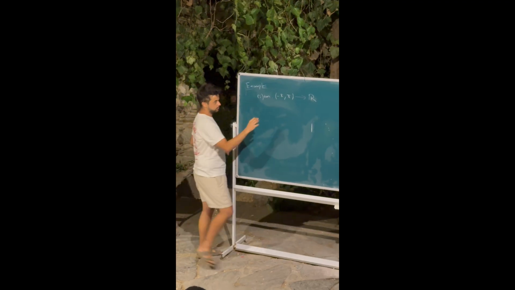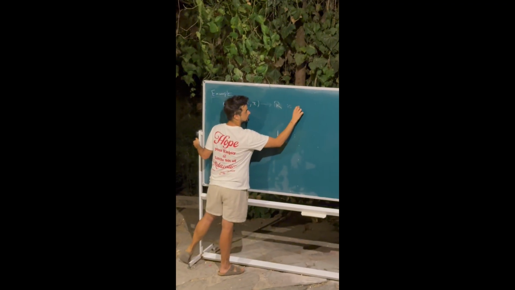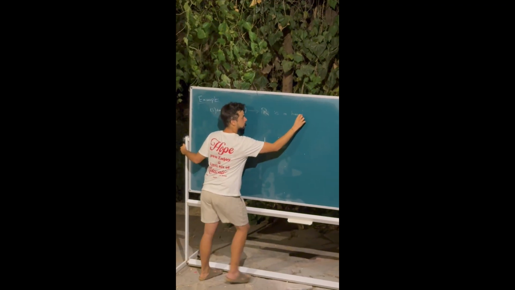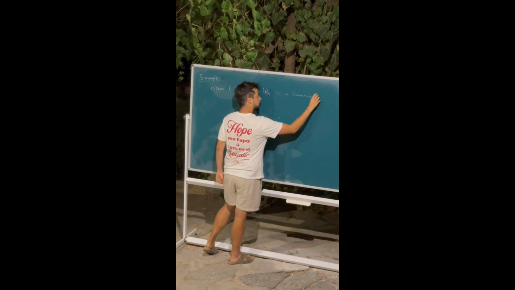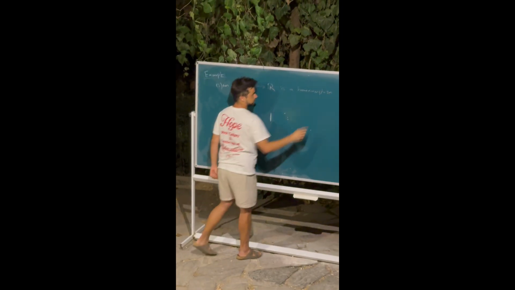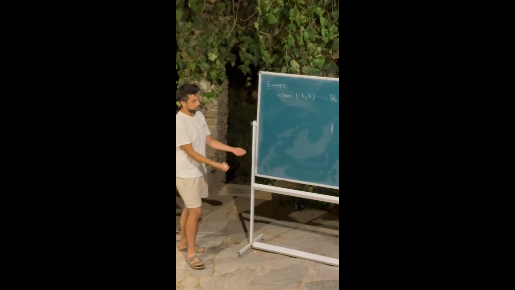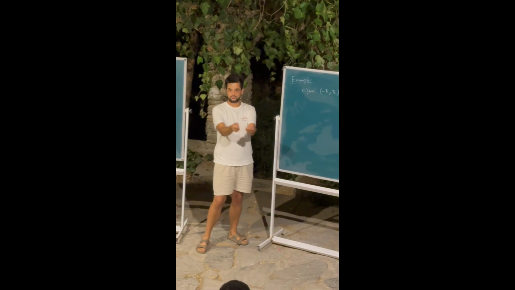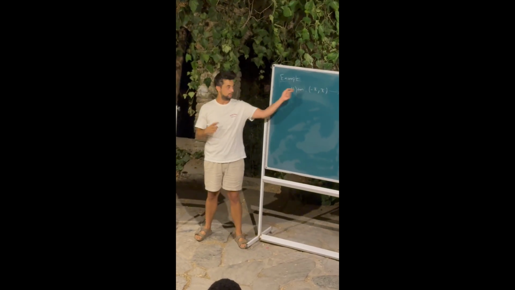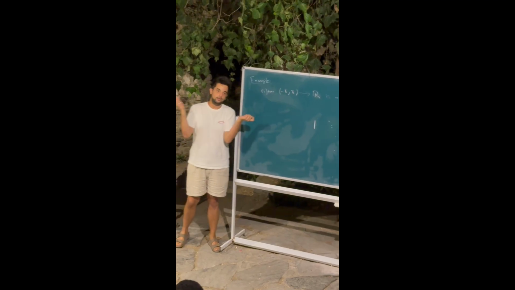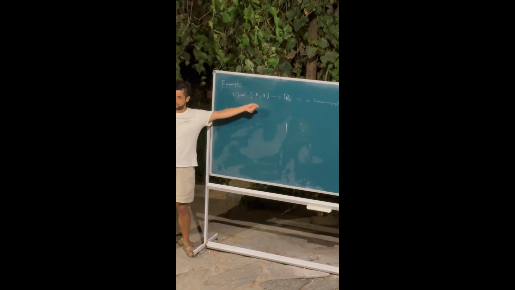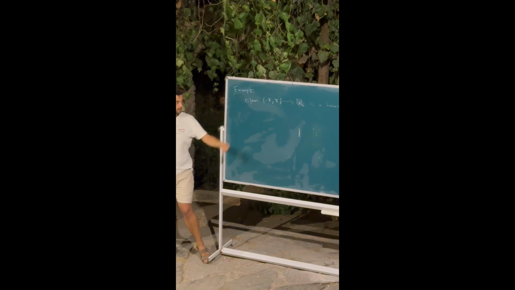So this is a homeomorphism. So this tells me, topologically speaking, this open interval, negative pi to pi, is the same as the entire real line, right?